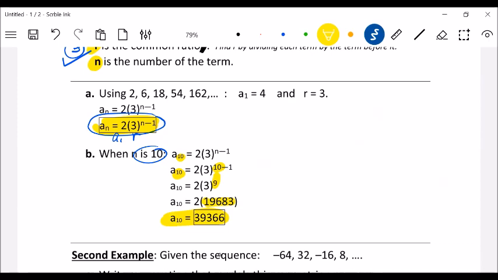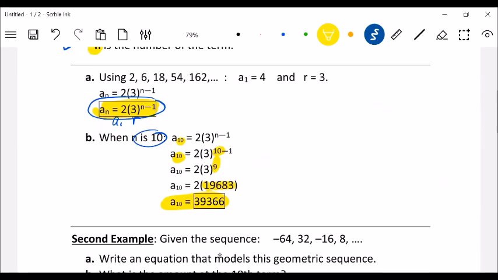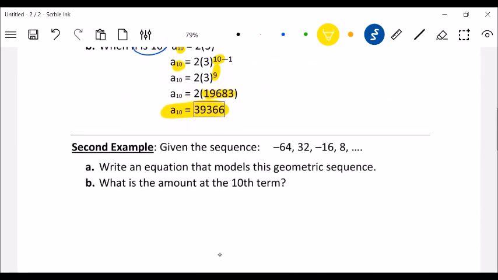Now, let's do one of these, and this time it's going to be with some negatives in it. Interesting thing. So here is what we have. Let's immediately say that this is A_1 or the first term, A_2, A_3, and A_4. So we need to write an equation. So we need to know A_1, which is negative 64, and then we need the ratio.